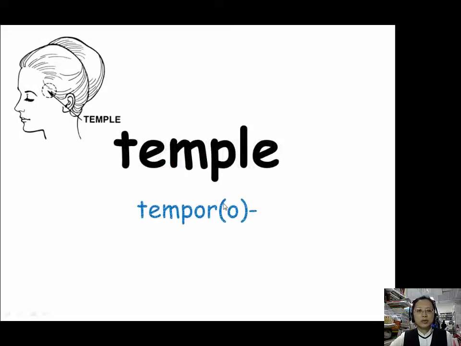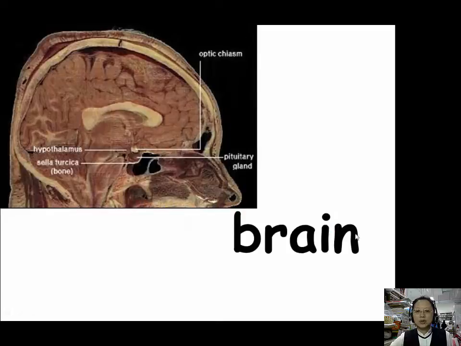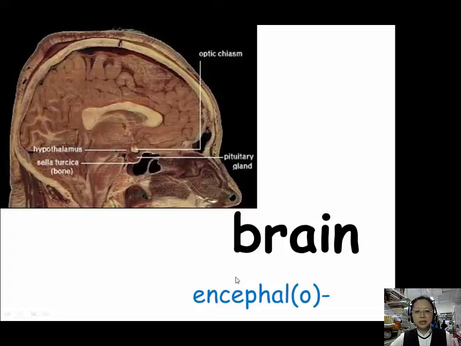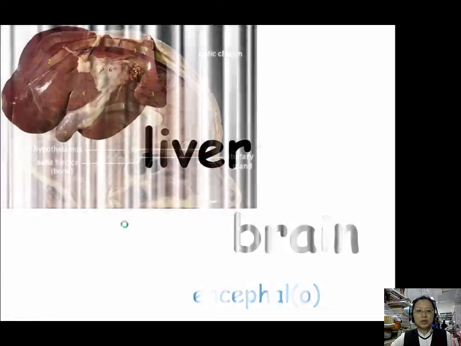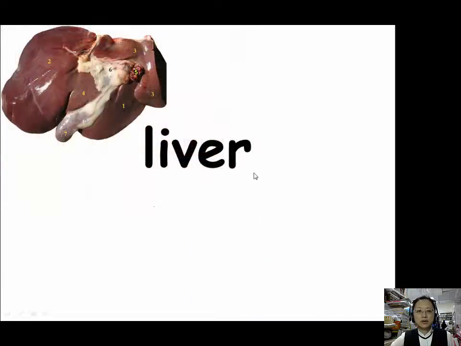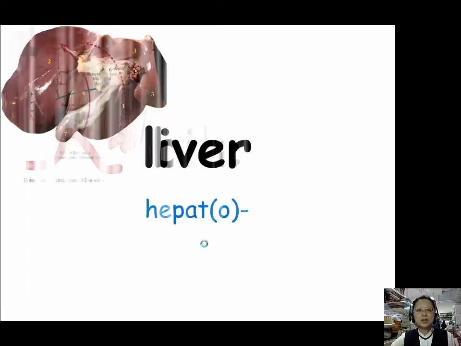For temporal, we have one prefix, TEMPORO. For brain, we have one prefix, encephalo, ENCEPHALO. For liver, we have hepato, HEPATO.